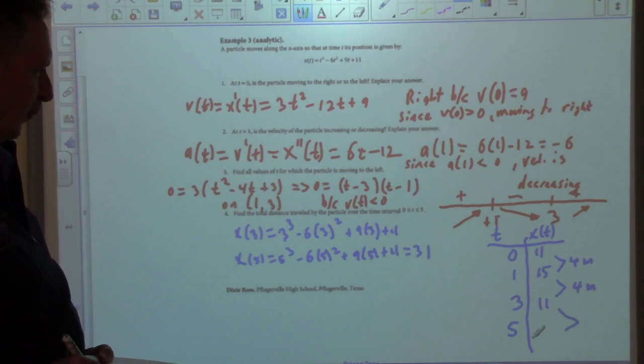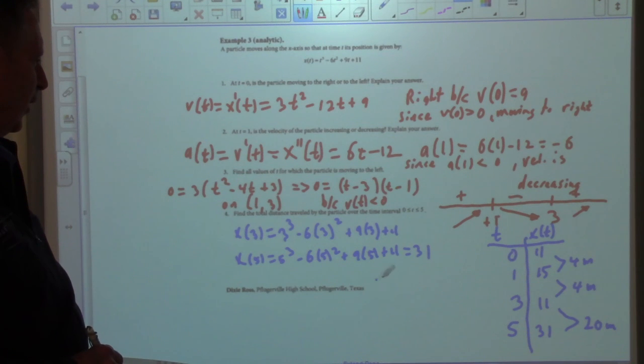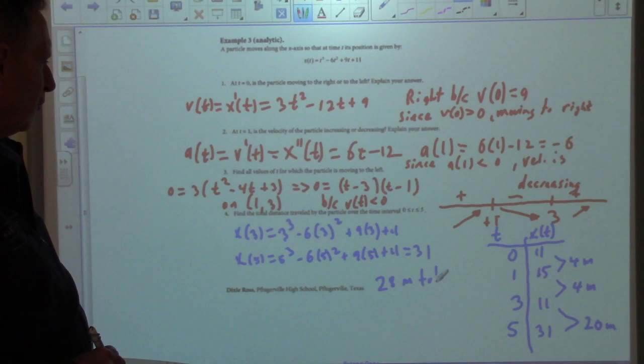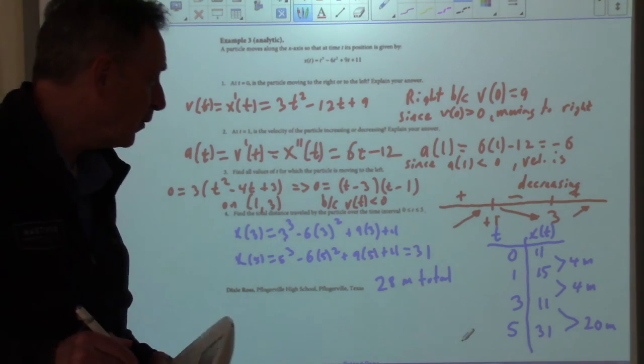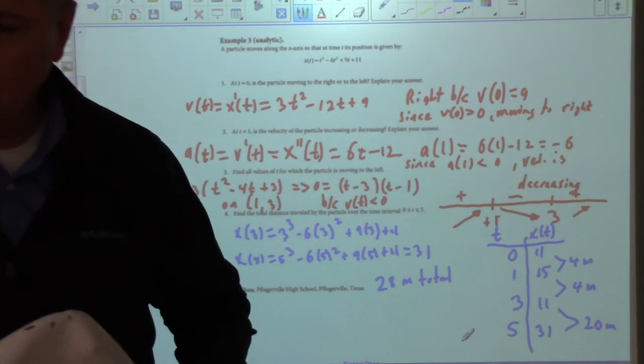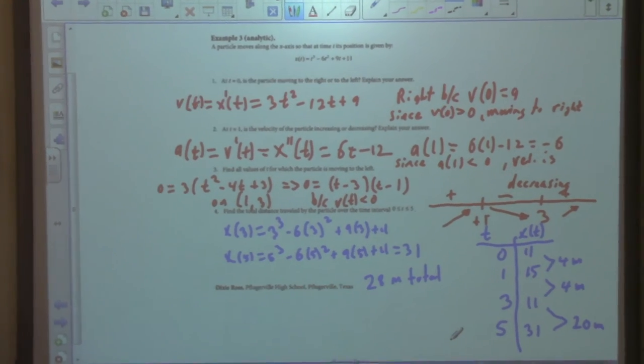Okay, I'm just going to trust Aaron on this. And so this is going to be 20, right? So what was our total distance traveled? 28. 28 meters. Okay, so really that's going to be it. So let's just leave it right here today.